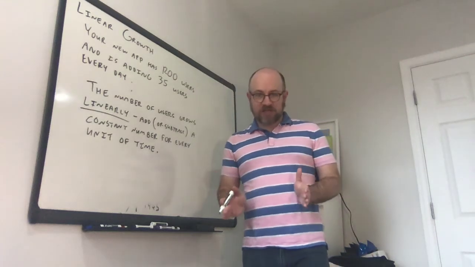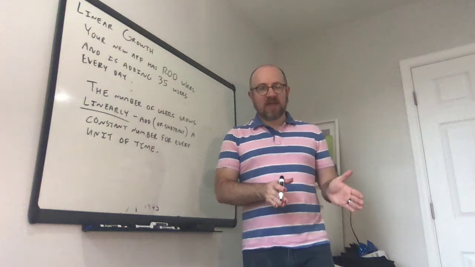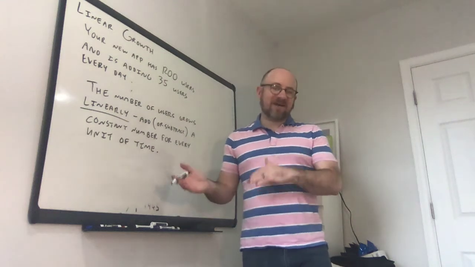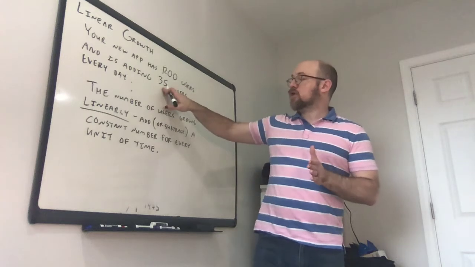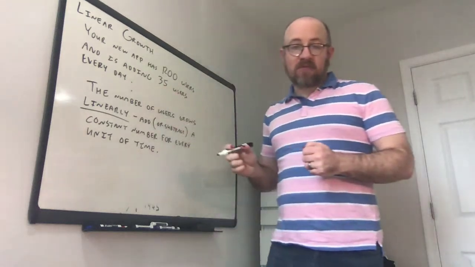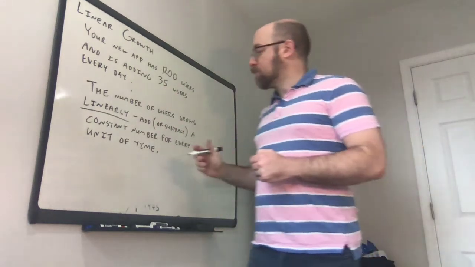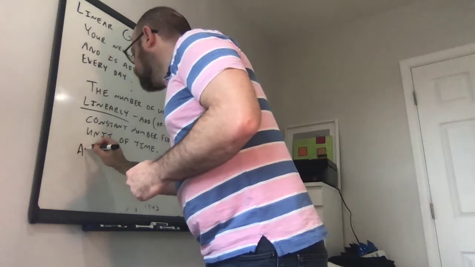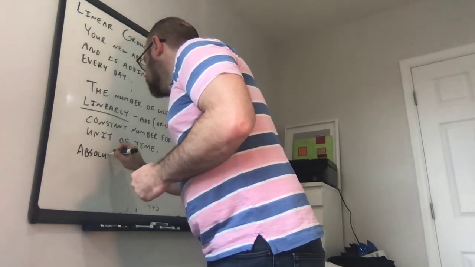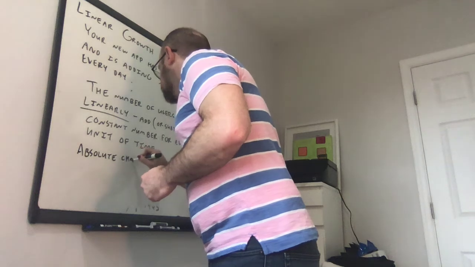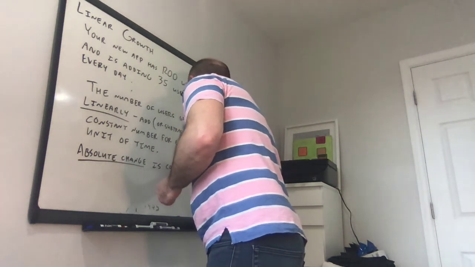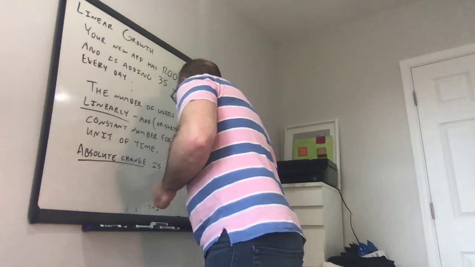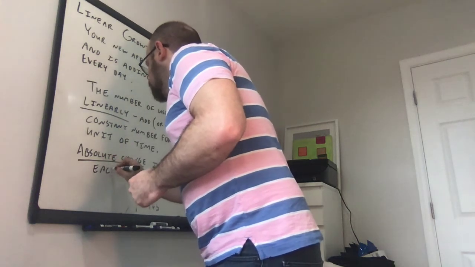That number never changes, right? It's not 35 one day, 40 the next, 45 the day after that. It's always 35. Okay, so this 35, you'll remember from the last section, is called the absolute change, which is constant each time.